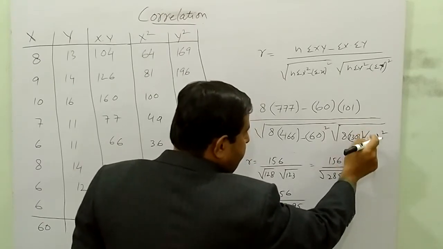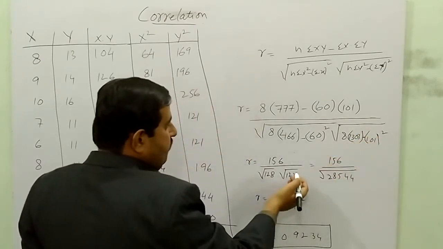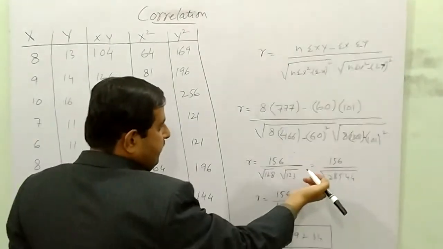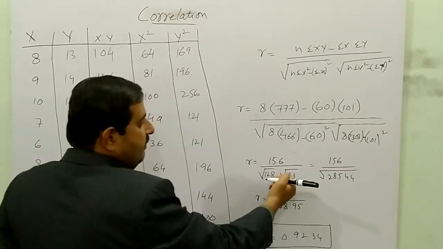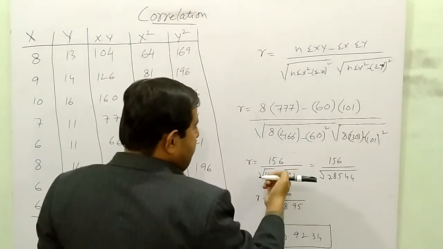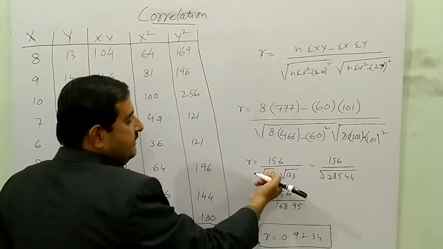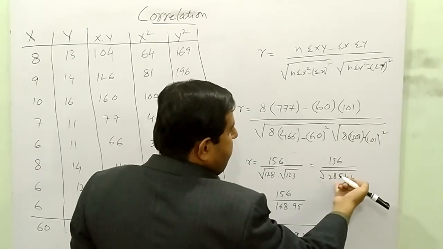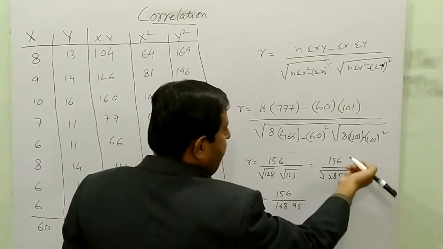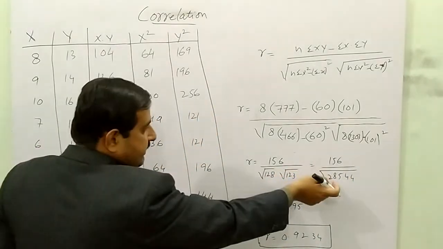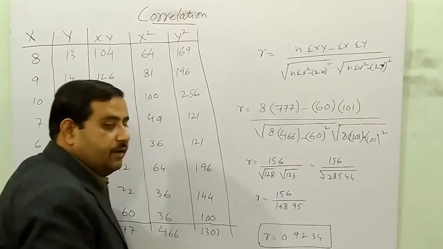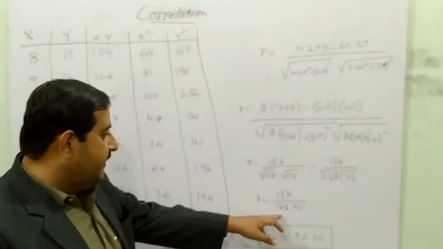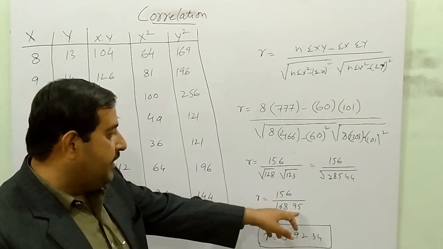So from this value, the value becomes 123, and multiplying this square root and this square root, the values will become 28,544. After removing the square root, we get the value 168.95.